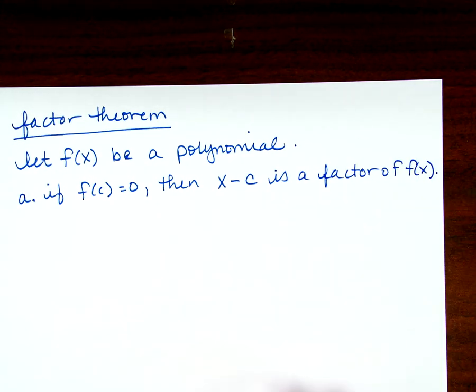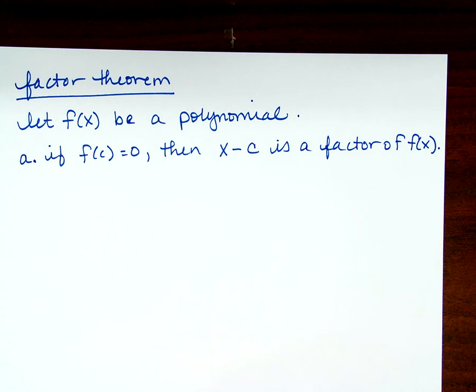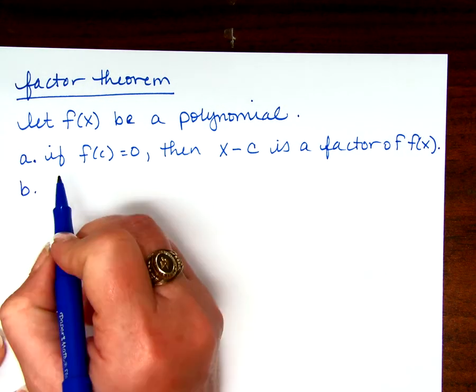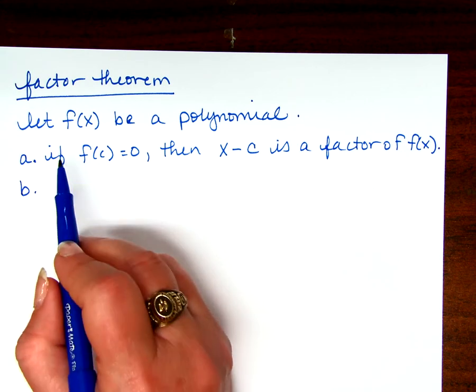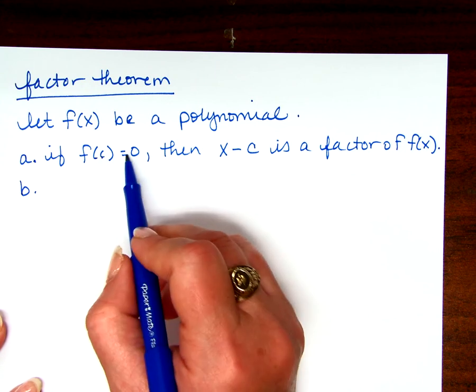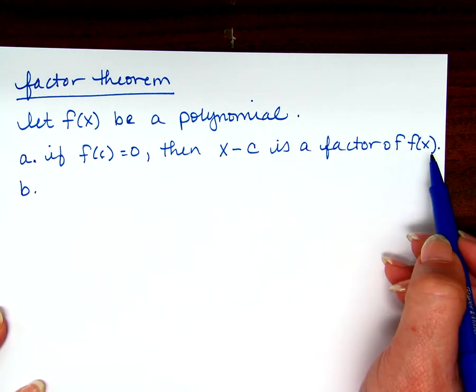Didn't we literally just talk about that? You just didn't know it was called the factor theorem. Okay. Part B. Notice what this says. First of all, part A says if you substitute in c to the function and it gives you an answer of 0, then you know x minus c is a factor of the function.